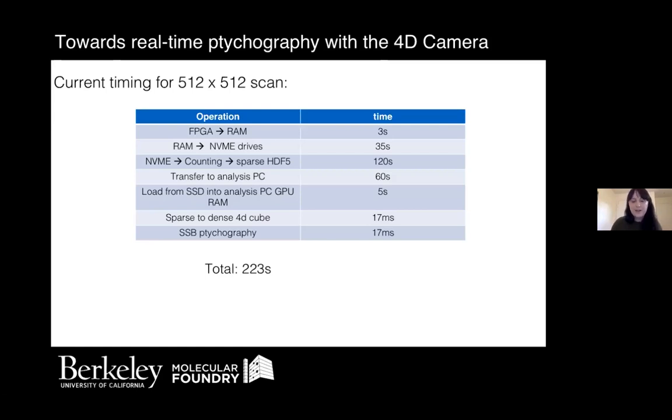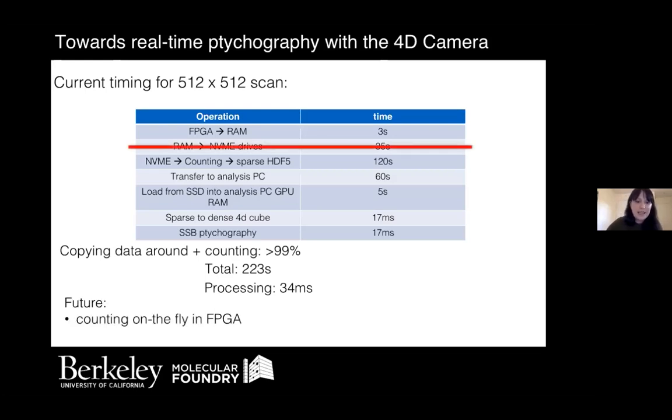This is a non-iterative typographic reconstruction. That's the most basic flavor of typographic reconstruction, and that takes about 17 milliseconds. So most of what we're doing here is copying data around in that counting operation. This is 99% of our time. And really the processing actually only takes about 34 milliseconds.